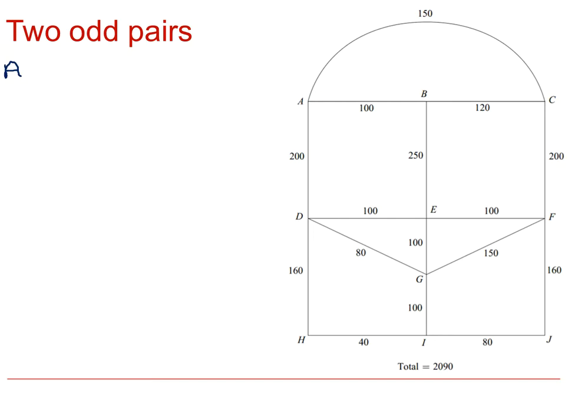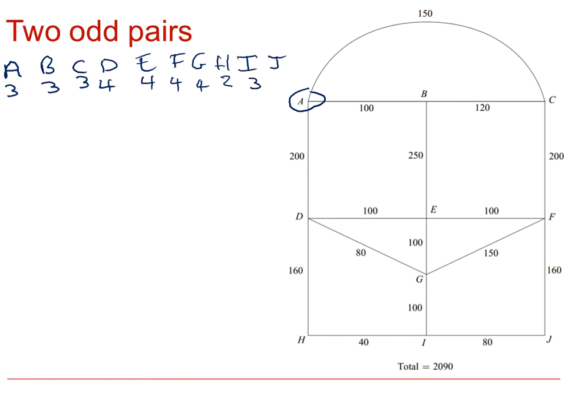A is of order 3, B is 3, C is 3, D is 4, E is 4, F 4, G 4, H 2, I 3, and J 2. So the odd nodes are A, B, C, and I.